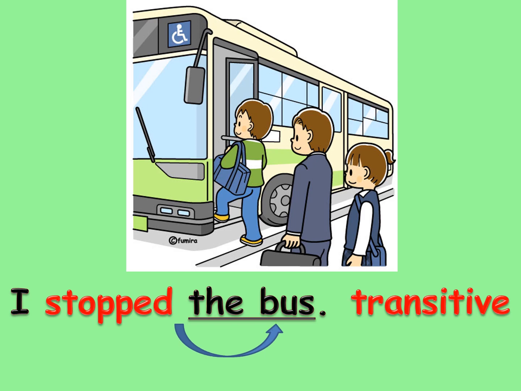A transitive verb is defined to be a verb which can take a direct object. This word object sometimes confuses people, but it is a grammatical term, and that means a target of the action of the verb.